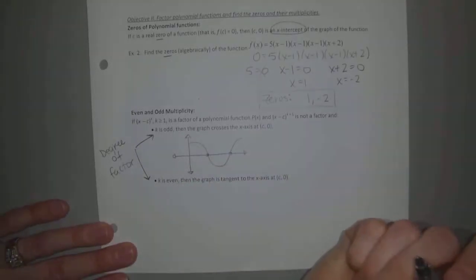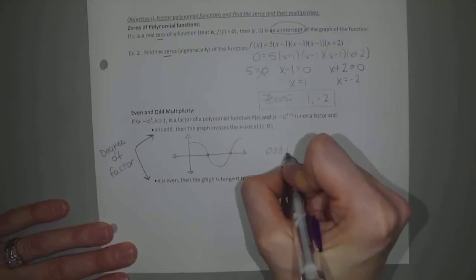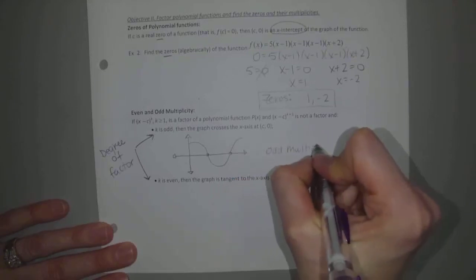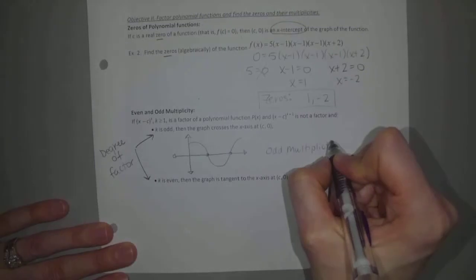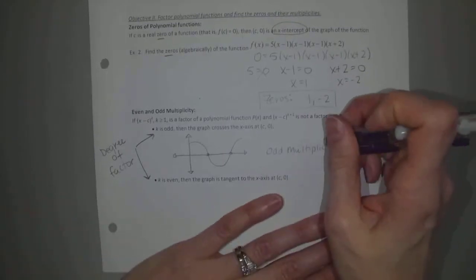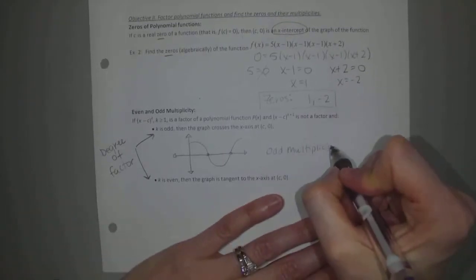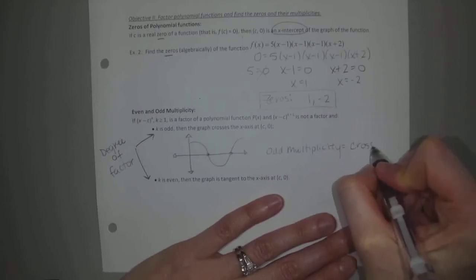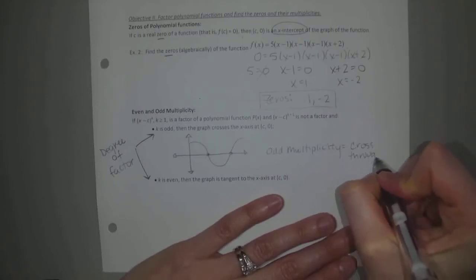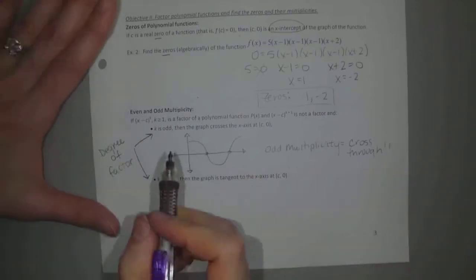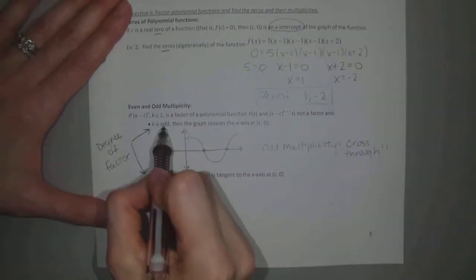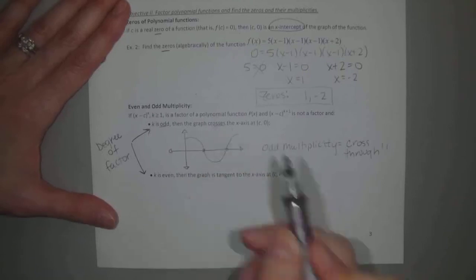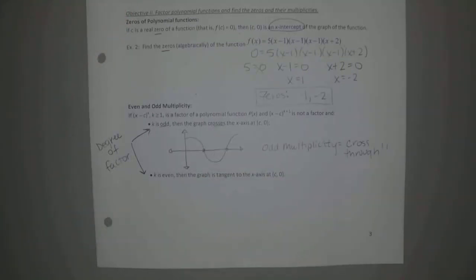So they would have odd multiplicity. I can't spell. Multiplicity equals cross through. And they're just saying that over here, but it's a little fancier. So if k is odd, then we're crossing at those zeros.